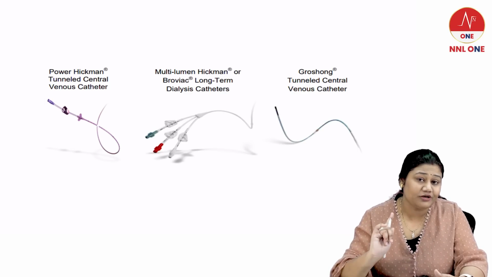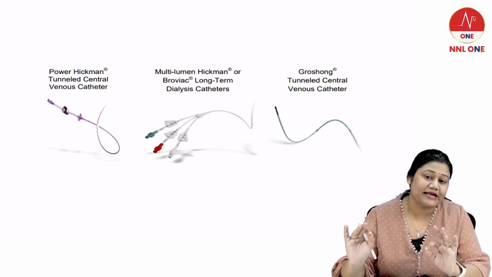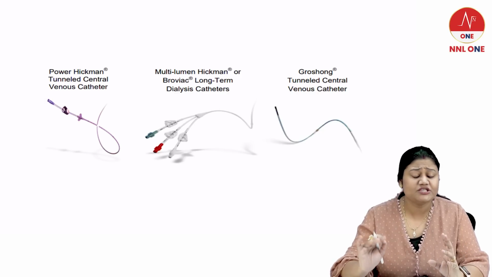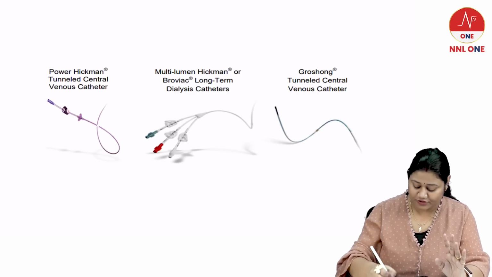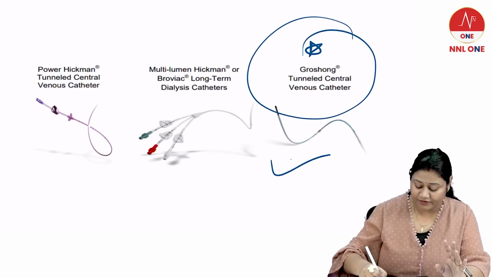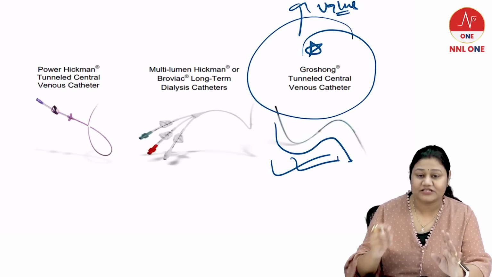Now, which point do we need to revise? Remember that if your patient has heparin-induced thrombocytopenia, which tunneled CVP catheter is used? Groshong. So remember, Groshong is a tunneled CVP catheter, and it is more preferred because it has a valve in it.